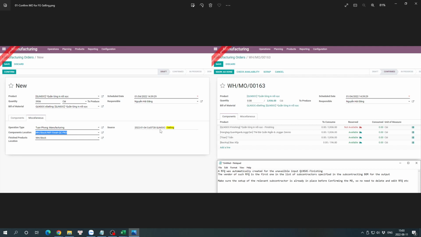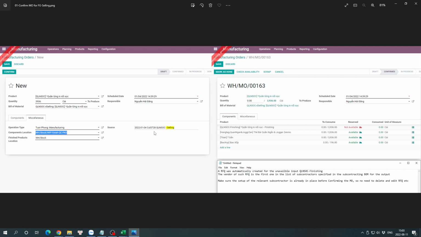Okay? And the source, here you can write the note, make sure you have the word selling in here. Things could get really messy later on when you look at the overview of manufacturing orders if you don't have such a source in this format.